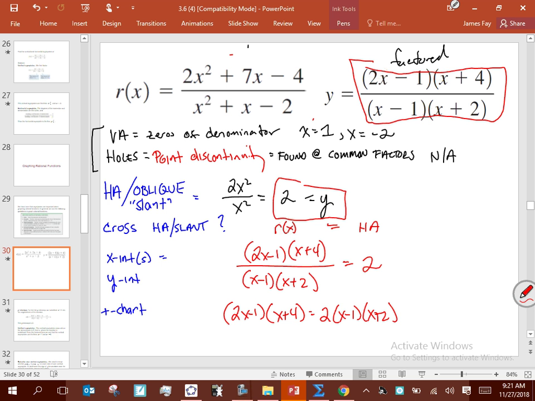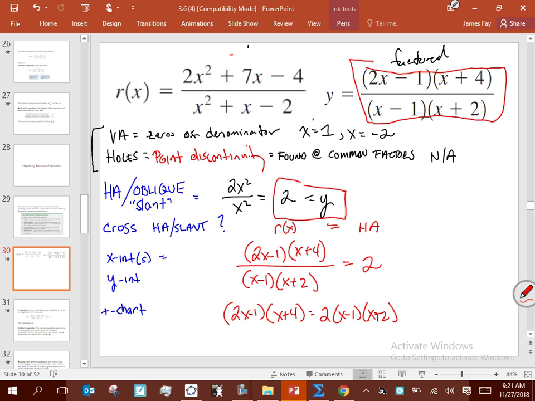Now, this is the reason I was looking at this in the factored form. If you ever are using the factored form like this, now what do I have to do? What do I have to do to be able to solve for x here? I have to pull all that out. I have to get rid of those binomials and get it into some quadratic expressions on both sides.